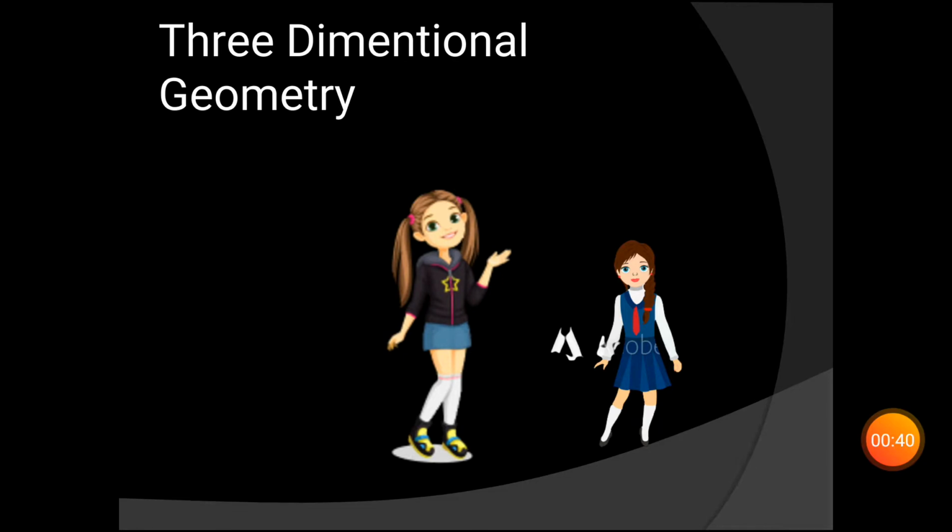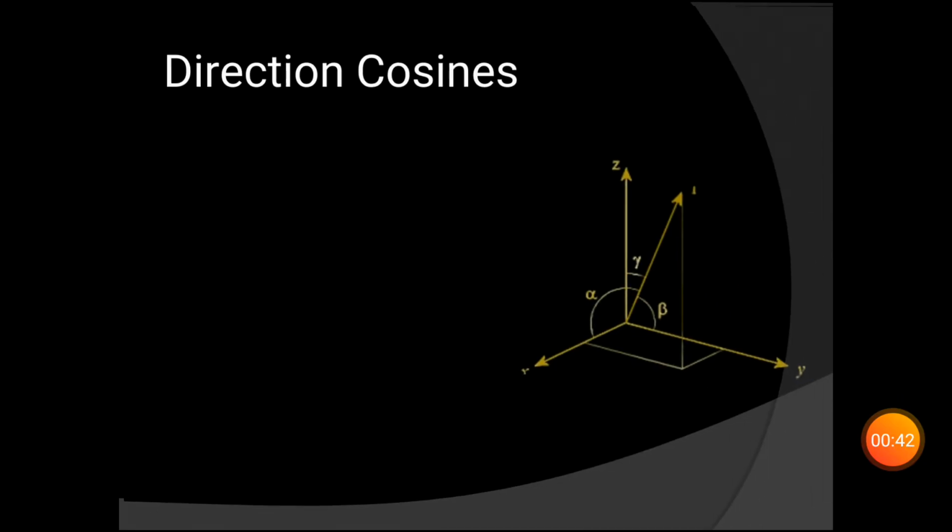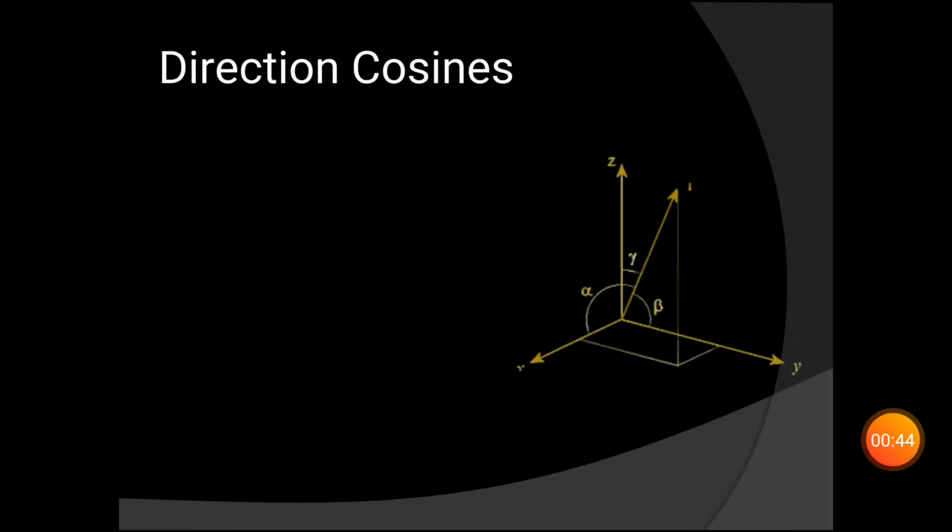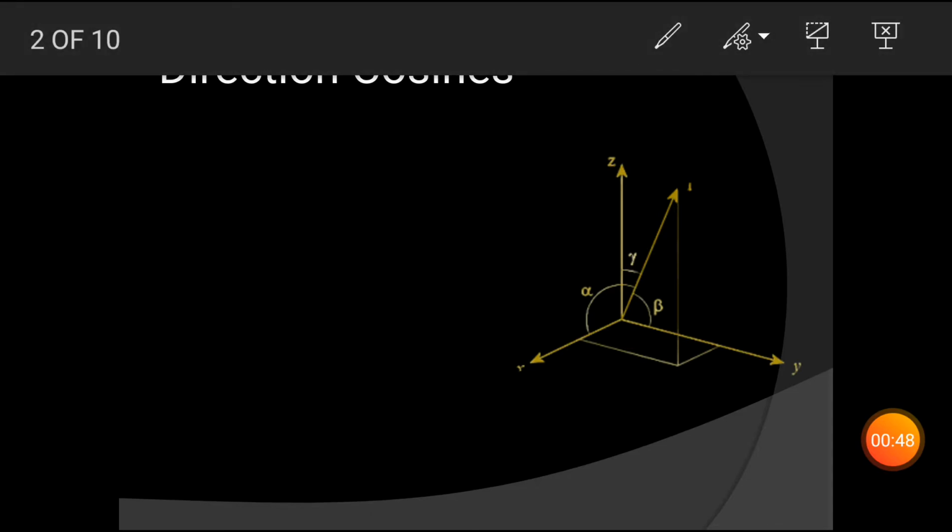The first thing that I am going to discuss with you is direction cosines. So, what is the meaning of direction cosines? In 11th standard, my dear students, you have studied the concept of a straight line. In a straight line, you have studied about the slope. And what was the slope? Slope was the inclination of the line with the positive direction of the x-axis.